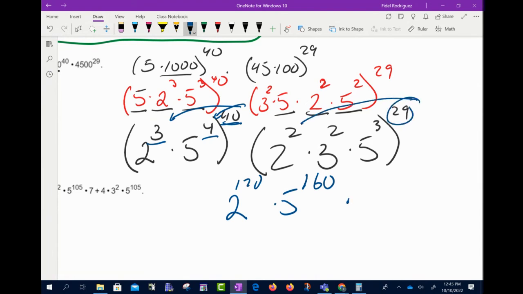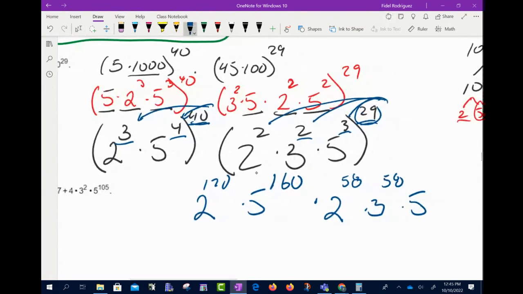We're going to do the same thing here, y'all. Okay. 2 times 29. Is that 58? Okay. And 2 times 29 again should also be another 58. Okay. Y'all, what about 3 times 29? I want to say that should be something like 87.